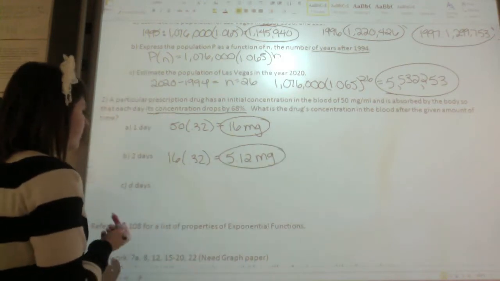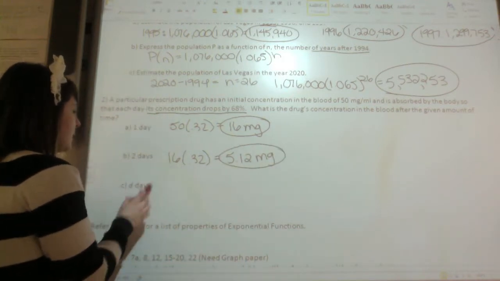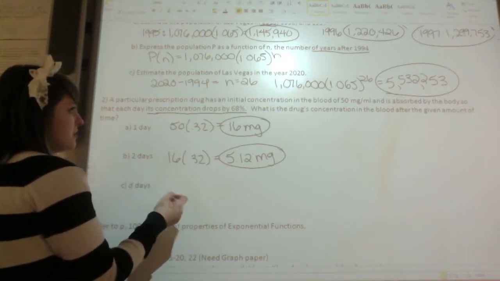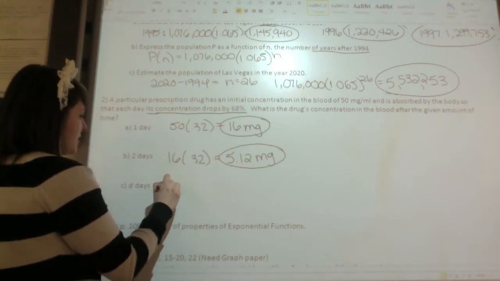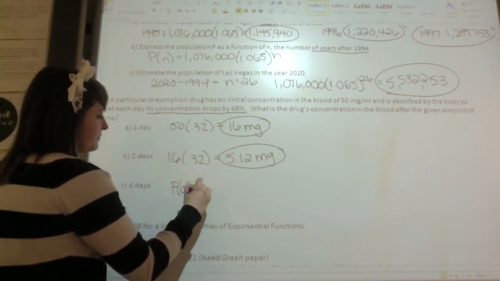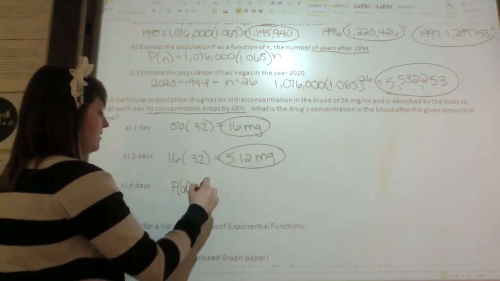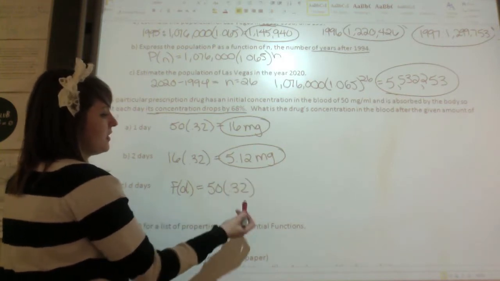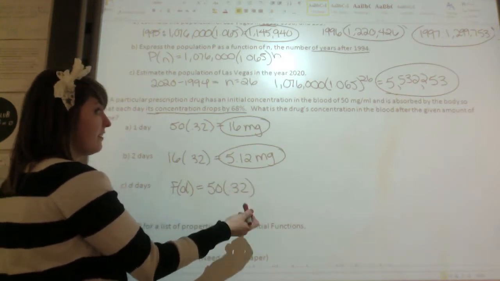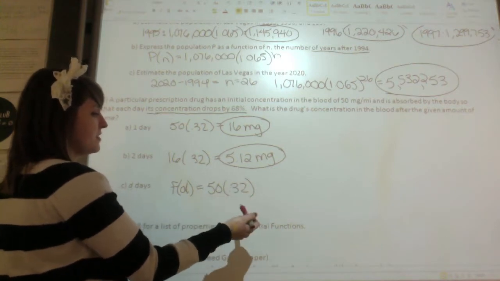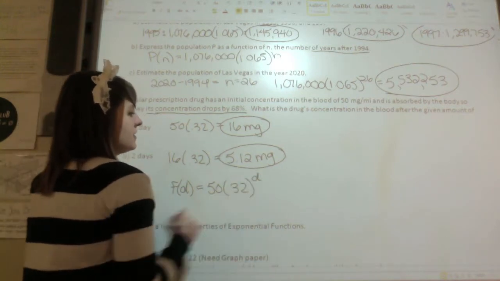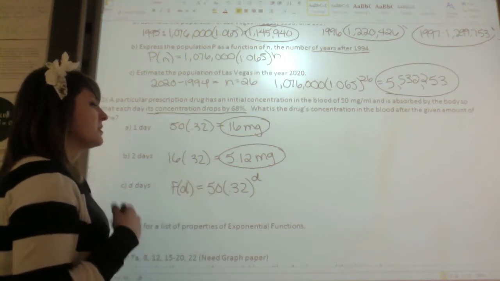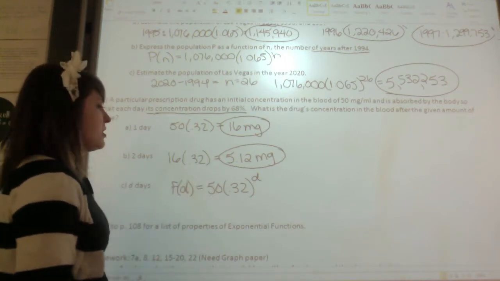Okay, so to come up with a formula, in this case after D days, I can say that my concentration, I'll just say f of D, is going to be my initial amount, 50, times the amount that I have left, so I'm going to have 32% left each day, to the D. Okay? So this would be an example of an exponential decay because I'm getting smaller each time.